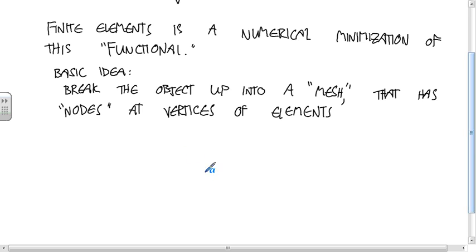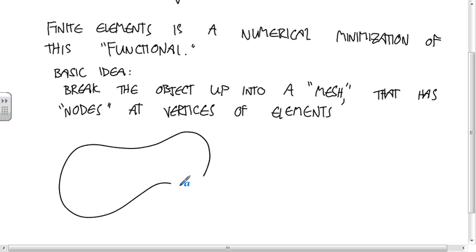So, for example, if this is your shape, you choose a node here, a node here, a node here, a node here. These are the nodes. This is the element. And the mesh is all of these elements combined.